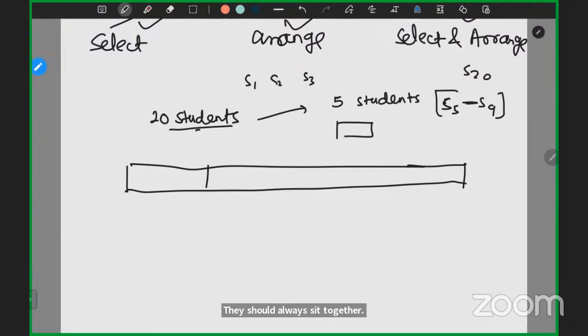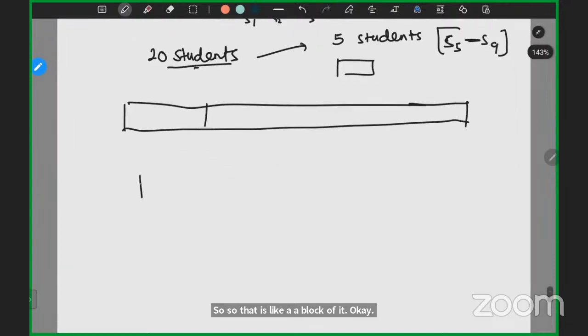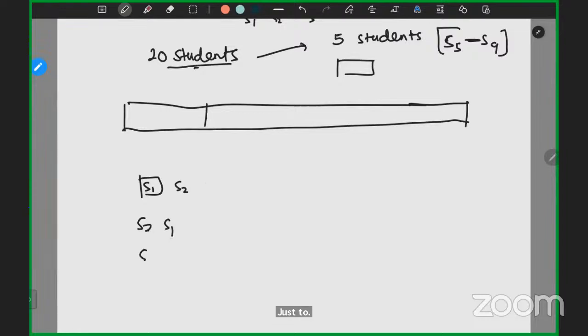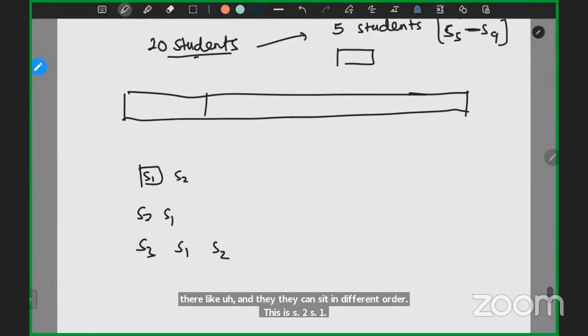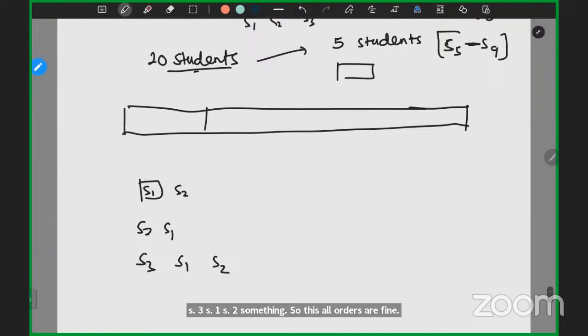So if you see, let's say S1, S2 sit here, and they can sit in different orders. This is S2, S1, S3, or S1, S2, something. So all these orders are fine. But the important part is we need one block.